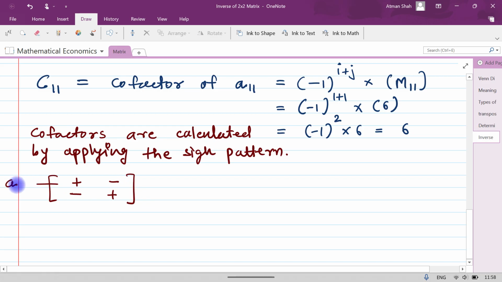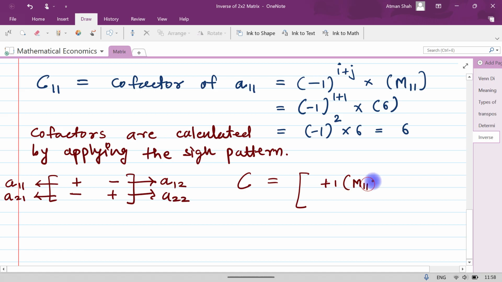Because this is A11, this is A12, this is A21, and this is A22. So this is how we find the cofactor. So cofactor matrix, that is C, is equal to plus 1 into M11, minus 1 into M12, minus 1 into M21 and plus 1 into M22.